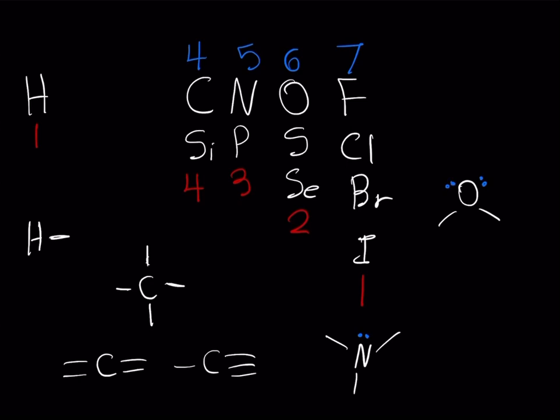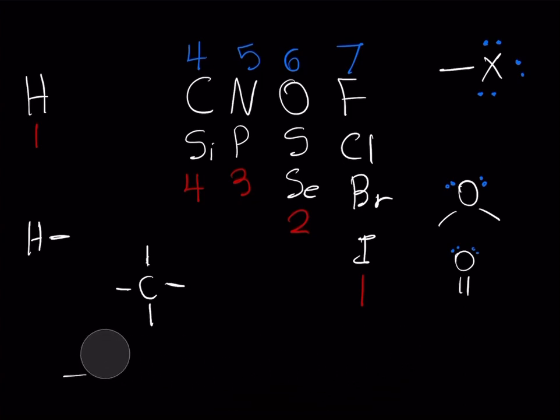The 2 bonds can also be a double bond, so it can look like this. The halogens, I'm just going to put X. X can be any of these. So keep that in mind. A halogen is going to form 1 bond, and it's going to have 3 lone pairs. So each 2 is a lone pair, and each dot is an electron. So keep that in mind as we begin to look at some examples.